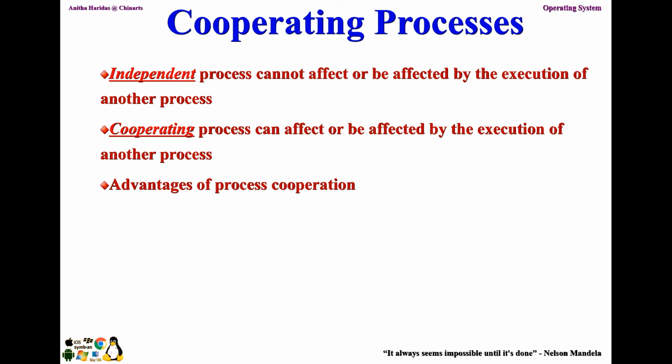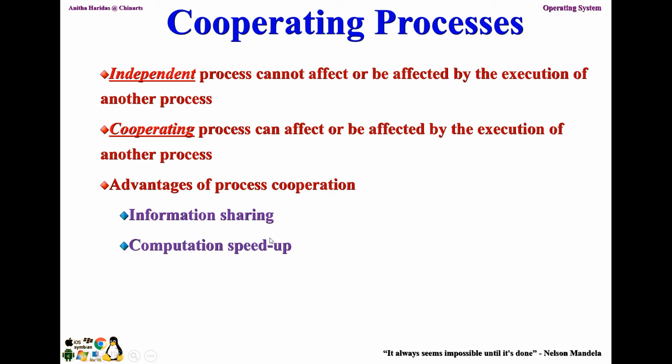Now the question is, why should we have this cooperating process? Why don't we have only independent processes, and why is the cooperating process available in an operating system? So the advantages are, if you want information sharing by more than one process, then you need cooperating processes.